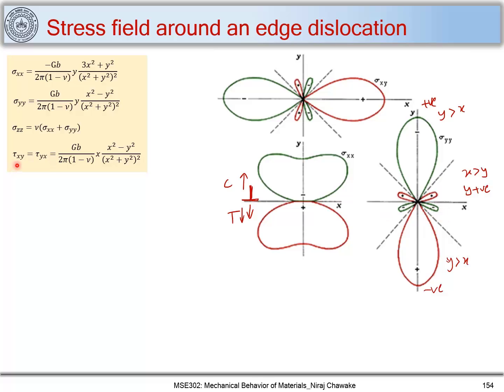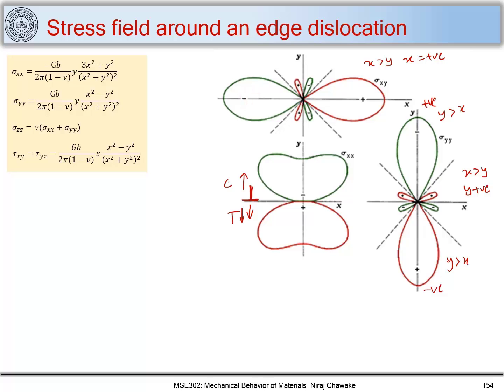Now if we want to find out tau xy, how the stress field is around this location, you can find out that for this region, let me write it down, for x greater than y and x positive, you have tau xy or sigma xy to be tensile in nature, while for this region where x is greater than y but x is negative, this is compressive in nature.